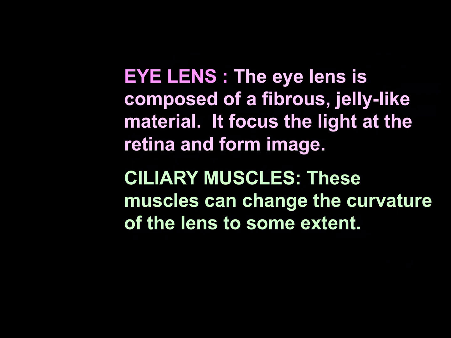Then the eye lens. Eye lens is composed of fibrous, jelly-like material. It focuses the light at the retina and forms the image. This is the function of the eye lens. Then ciliary muscles. These muscles can change the curvature of the eye lens to some extent for changing its focus.